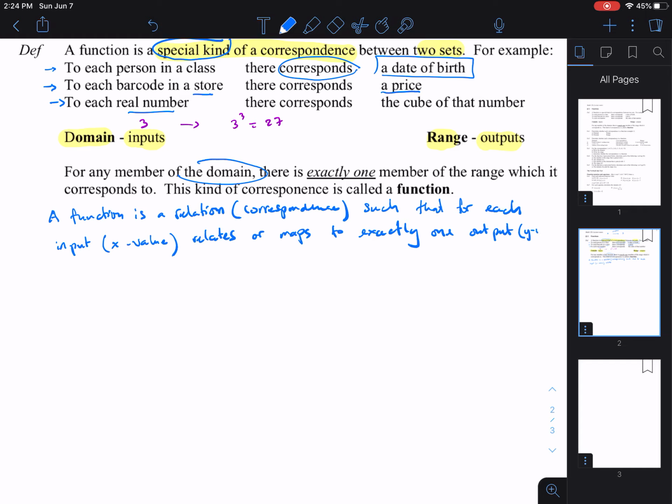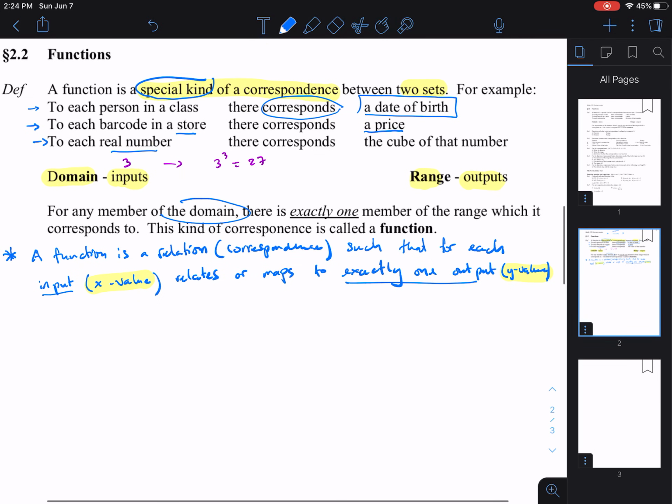And the output we can call the y value. So we have the x value mapped to the y value. A single input must map to exactly one output. That's pretty much what the definition means.